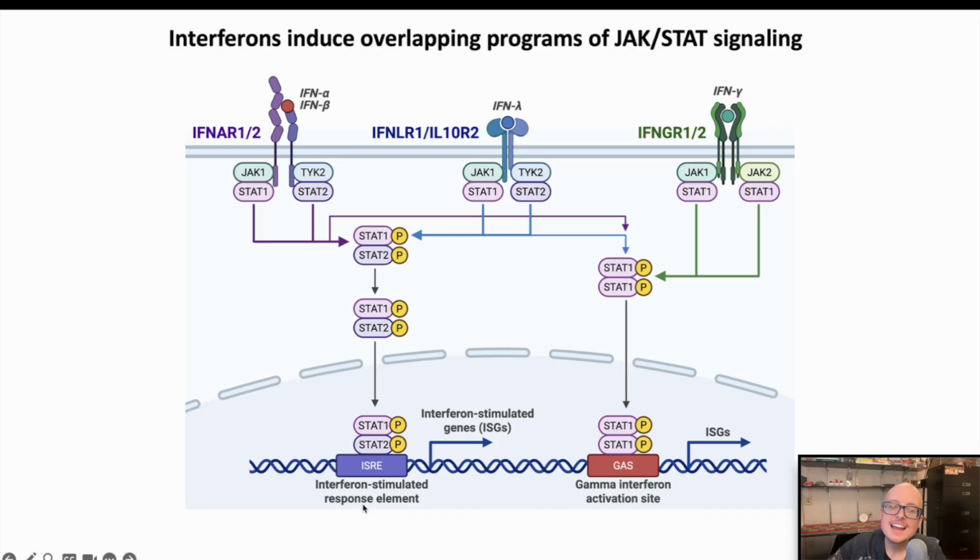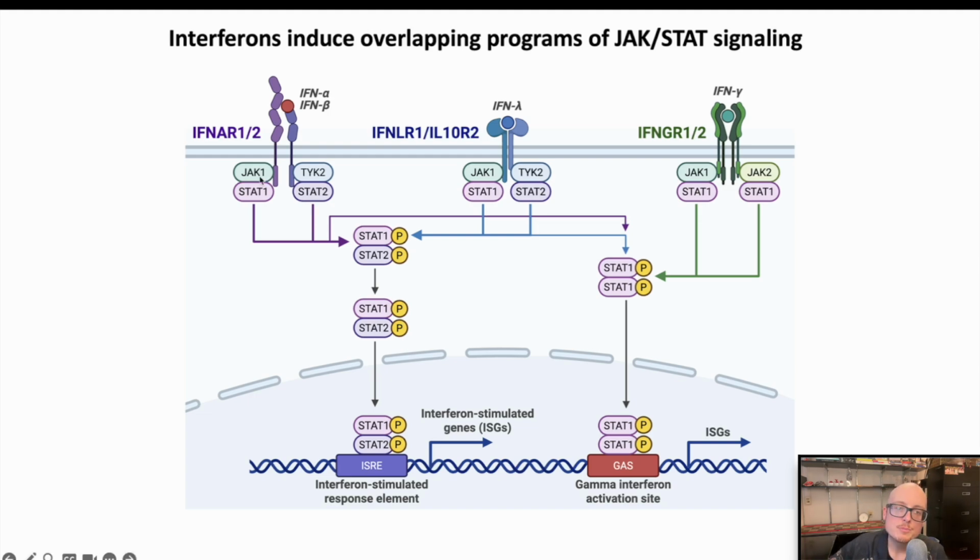So if a gene has an interferon-stimulated response element in its promoter, the STAT1-2 heterodimer can bind to it and drive its expression. And the set of genes that are responsive to this type of stimulation we refer to as interferon-stimulated genes, those genes whose expression is induced or stimulated by interferon signaling.